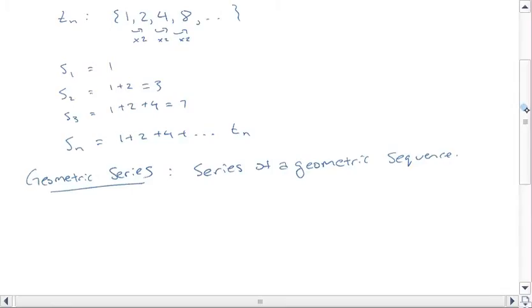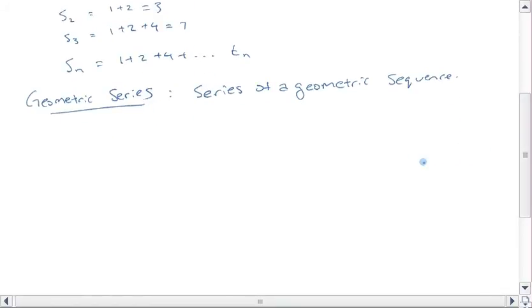Instead of going through a derivation like I did for arithmetic series, I think it would be better in this case just to give you what the equation is. But if this worries you, I'd really encourage you to get my attention in class, and I'd be more than happy to show you how you can actually get this. It just takes a little bit of time and probably isn't really worth it this week.